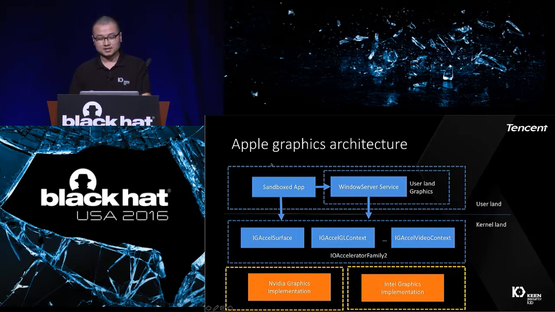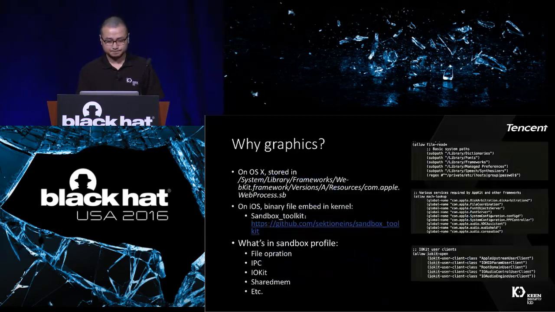This class is actually implemented by NVIDIA and Intel graphics. For some apps like Safari or Chrome or other browsers, because of performance considerations, the sandbox profile actually allows calling directly into the kernel. This is for example because you need WebGL or something like that, so you need better performance and can call them directly.